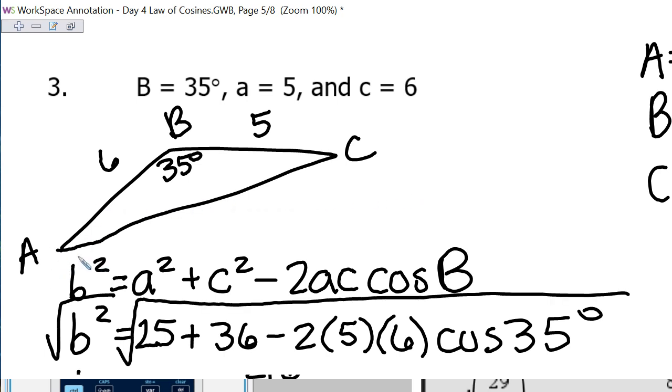And just type all of that in. Round to the nearest tenth. Do we have an answer? 3.4. We agree?